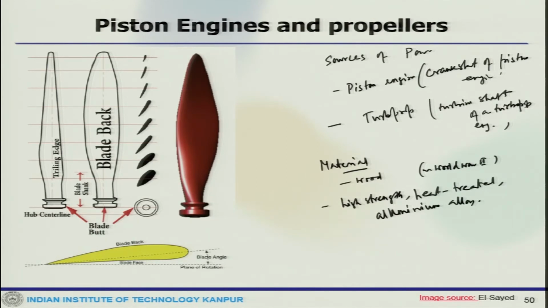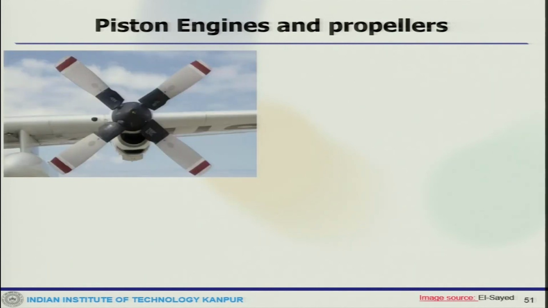Okay. So, now there are also some other designs. This is another picture which shows the cowling, essentially the aerofoil shape of the propeller and how it is attached to the main aircraft.